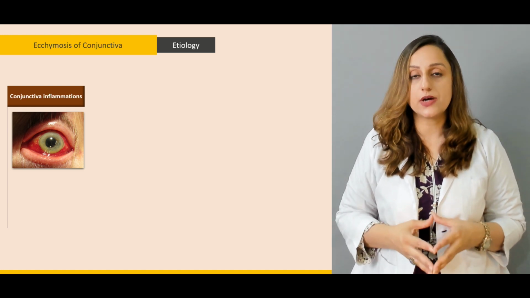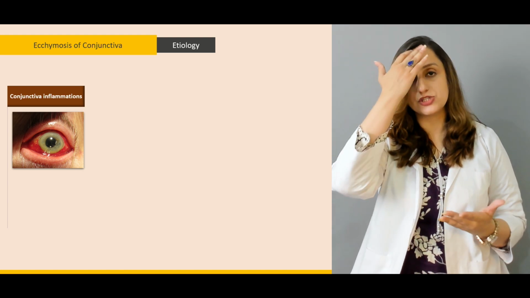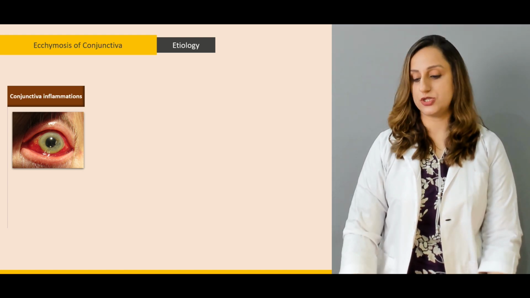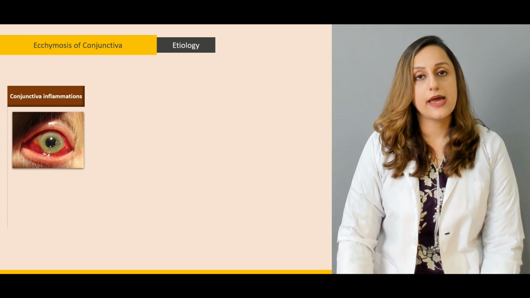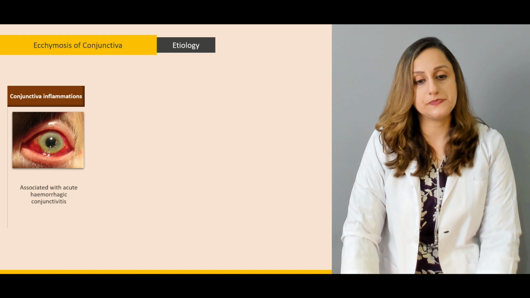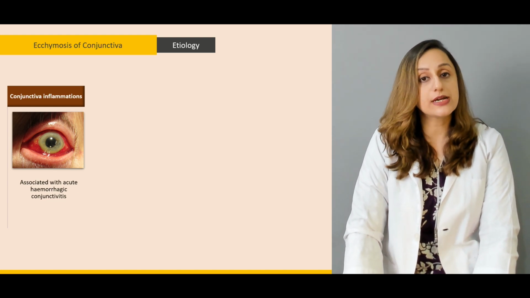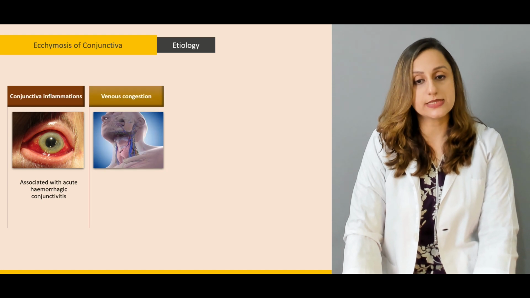All of these are inflammatory conditions which can arise in the conjunctiva, and all of these infections usually give way to such an ecchymotic picture of the conjunctiva. They're usually associated with acute hemorrhagic conjunctivitis in these individuals.